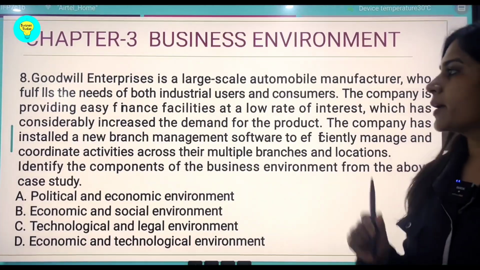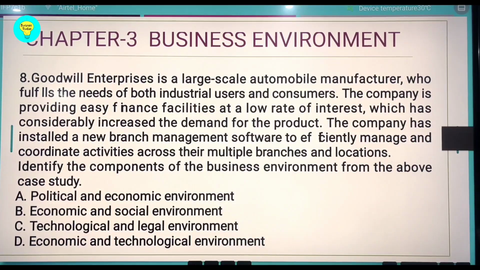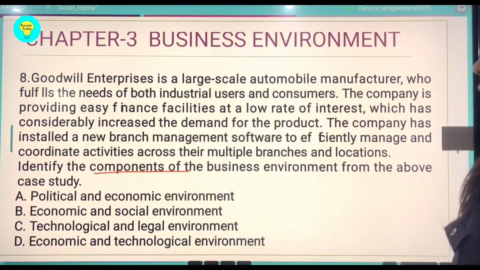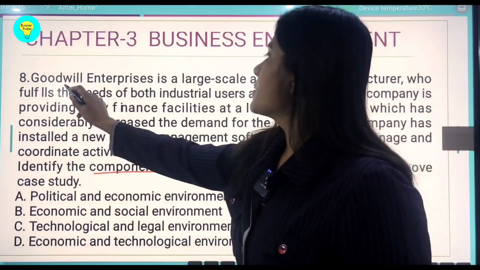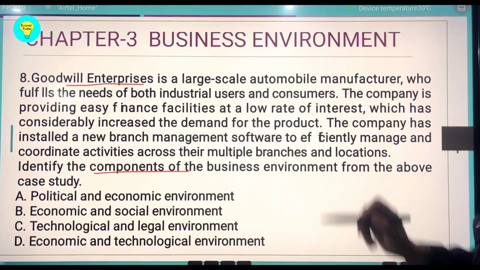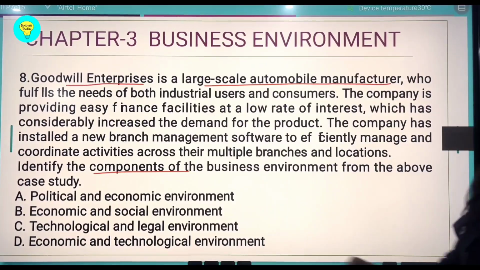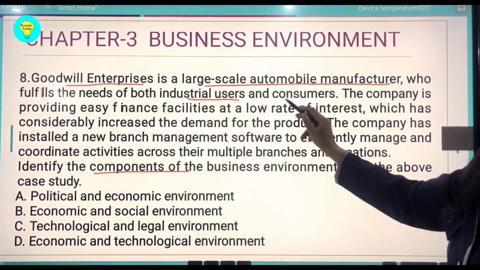Right, students, this is a case-based question on dimensions and components of business environment, where we need to identify the components and choose one of the following options. So if we read the case from the top, Goodwill Enterprises is a large-scale automobile manufacturer who fulfills the need of both industrial users and consumers.